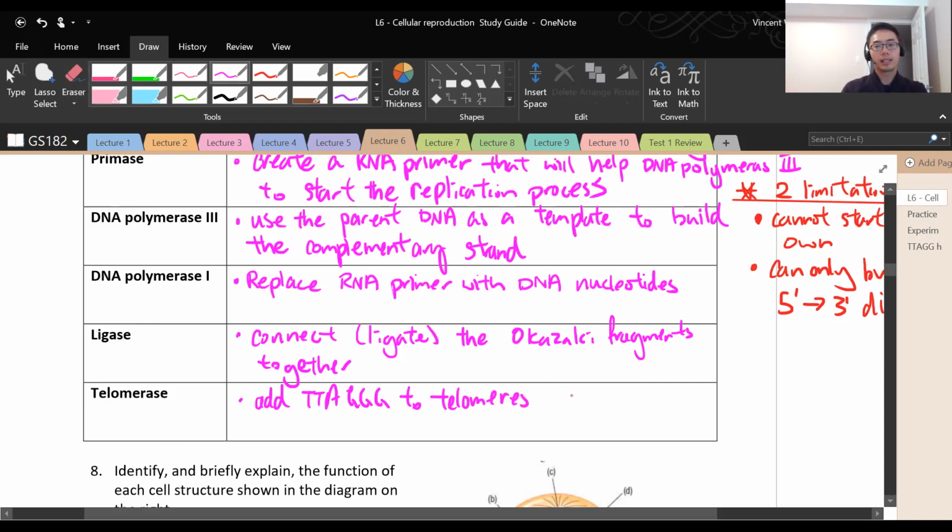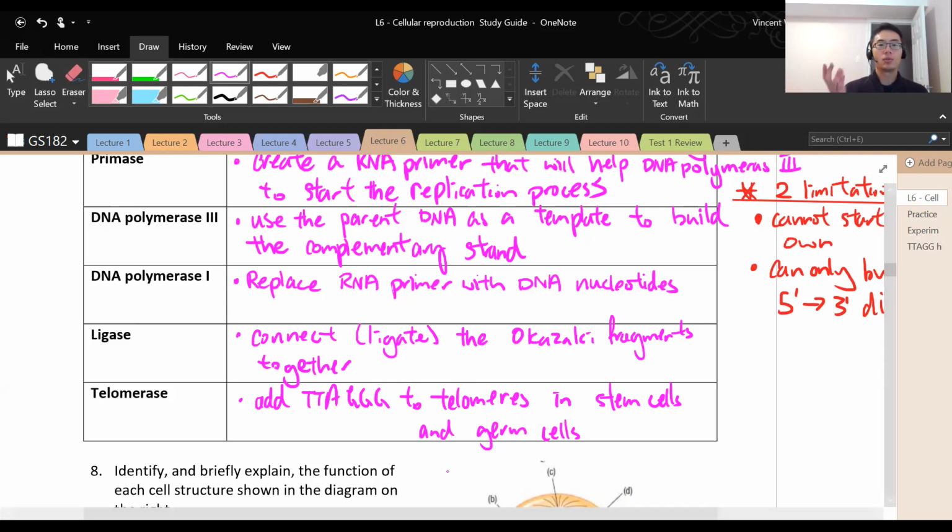Okay, in stem cells and germ cells. Again, many people think germ cells are like bacteria because we hear "germs," right? But germ cells are actually cells that would become sperm or egg in the human body. It's important to re-lengthen the telomeres, specifically in the germline.